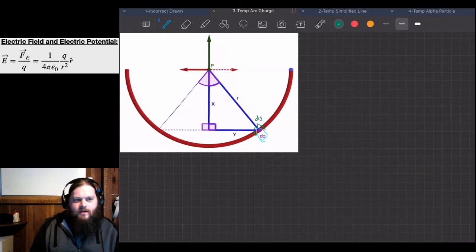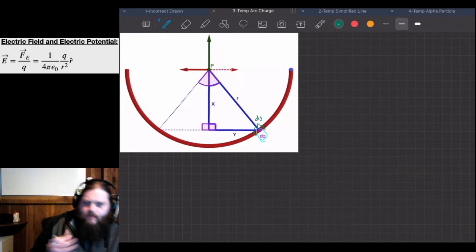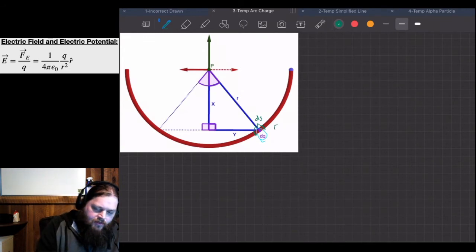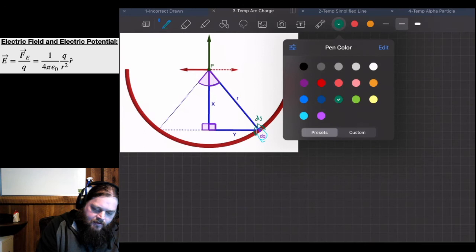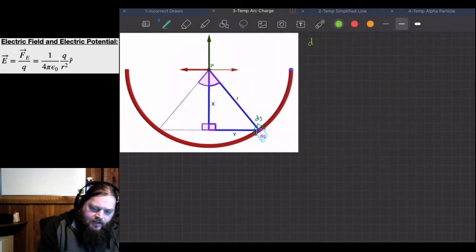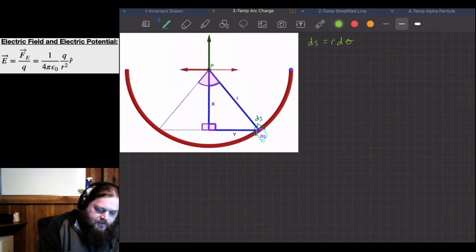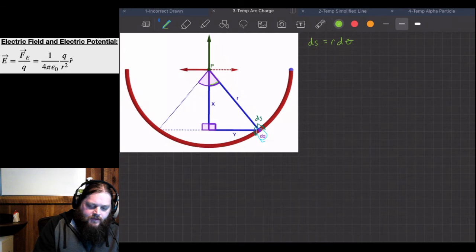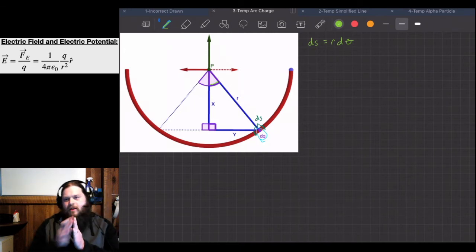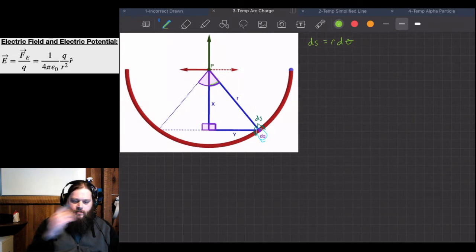And we can find ds by it's r d theta. So I'll write that up here. So ds is equal to r d theta, where theta is the angle between that center line and the arm, which is the line between P and dq.